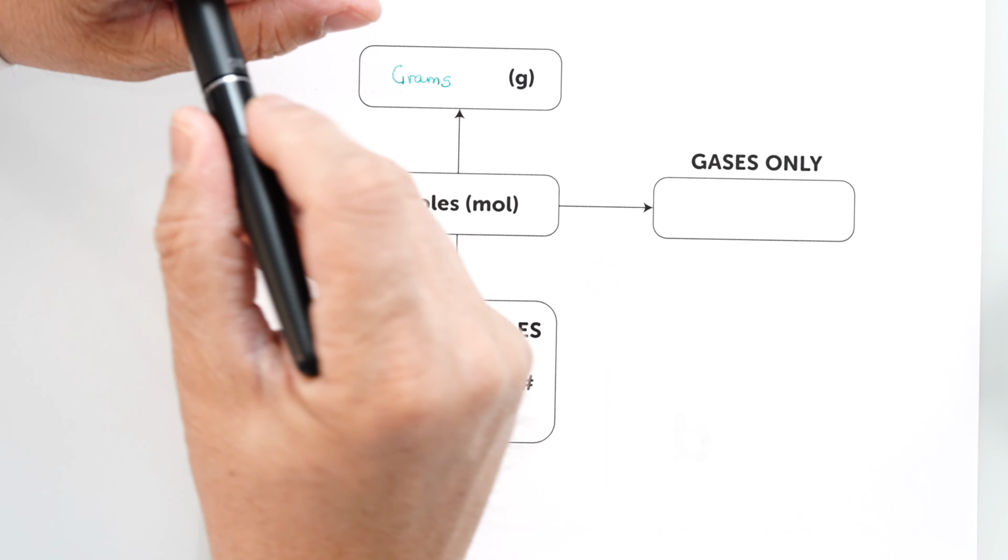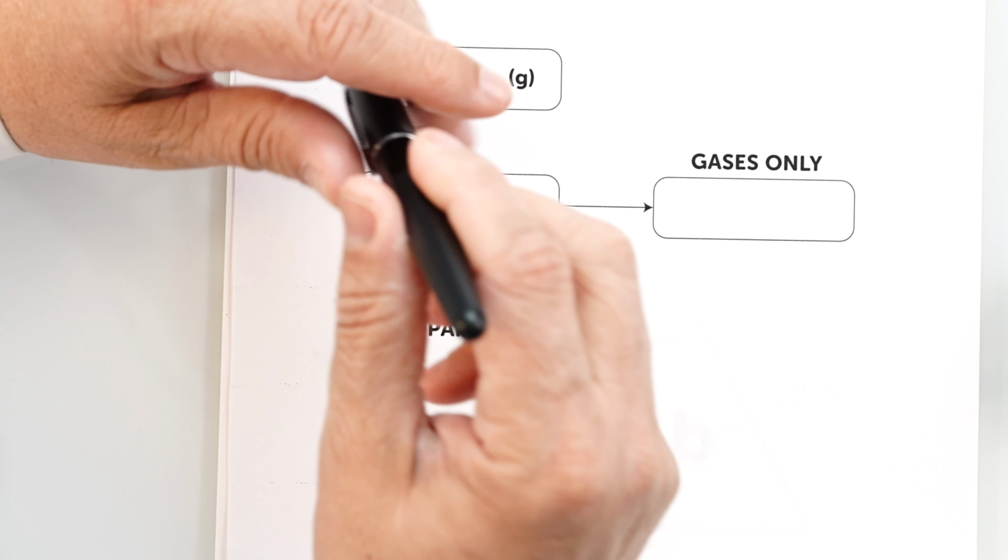This is important because if I ask you to make a solution for me in the lab, you go into the lab, and on a scale you're weighing out some powder to put inside a volumetric flask. Well, the balance or the digital scale is not going to have units of moles. It's always going to have grams. And so you need to be able to convert moles to grams. Again, there's a video on that. You can go back and watch it if you need a refresher on it.